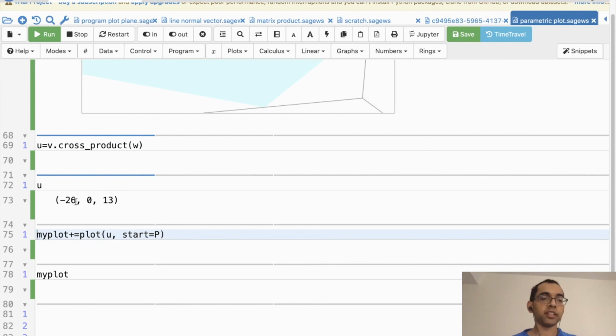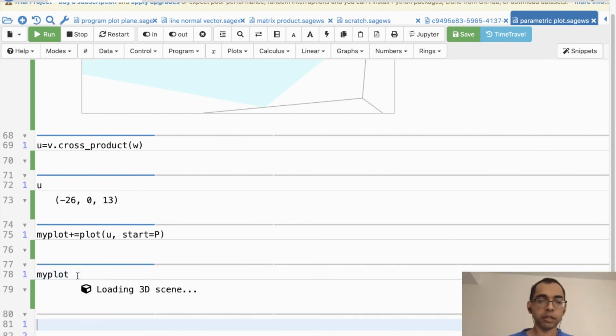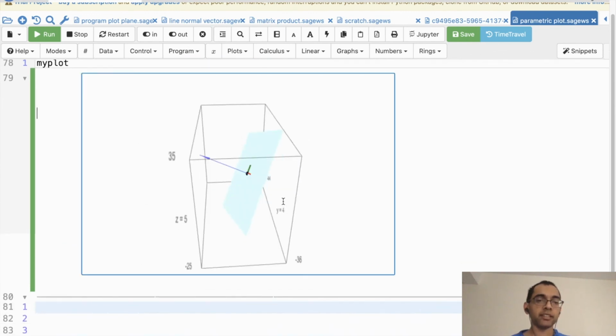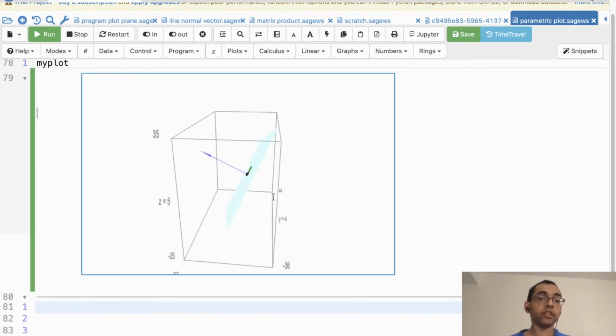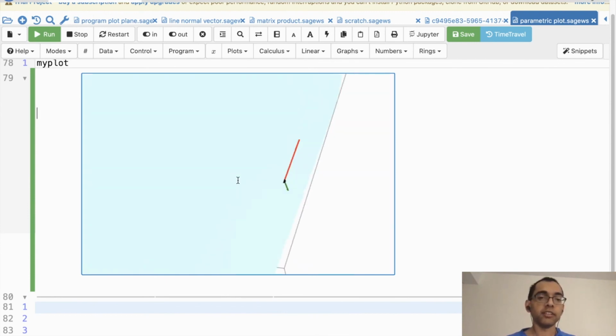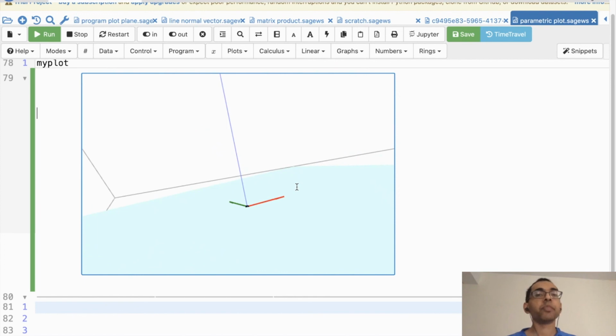So u is this vector here, and then let's add that vector u to my plot. And now let's see what my plot looks like. And here we see that we found the normal vector indeed, that the cross product of these two vectors does indeed give the normal vector to the plane spanned by those two initial vectors.